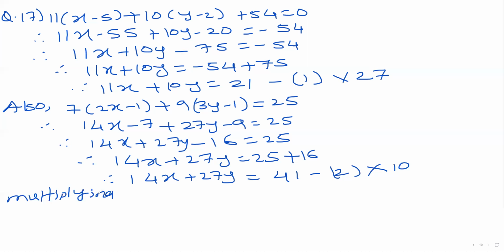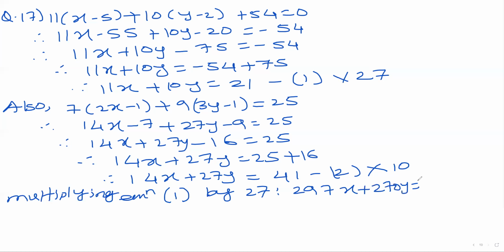Multiplying equation 1 by 27. What do we get? Tell me. 27 into 11. 270 plus 27, that is 297x plus 270y. 27 into 21. 27 into 20 is 540. 540 plus 27 is 567.